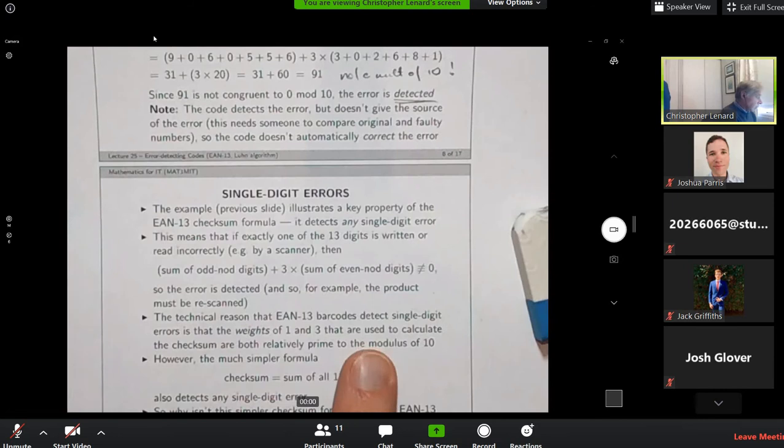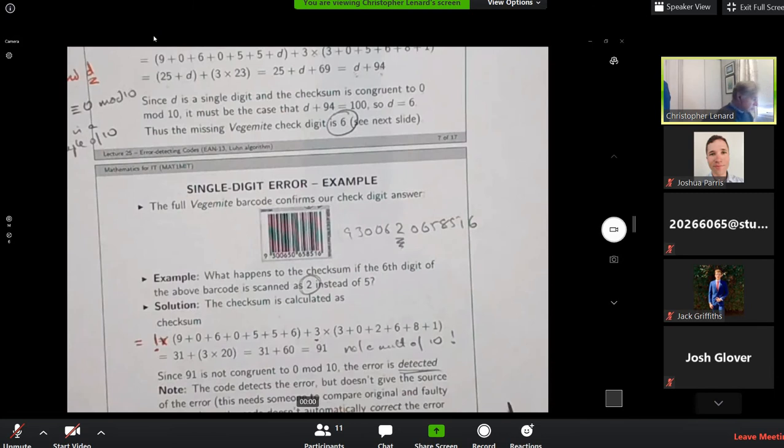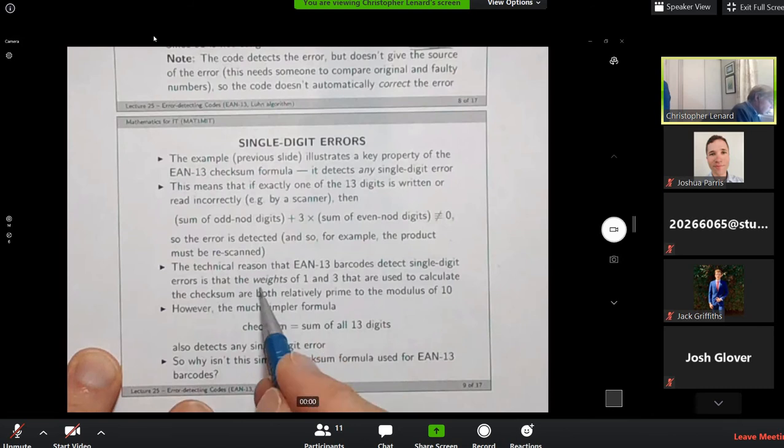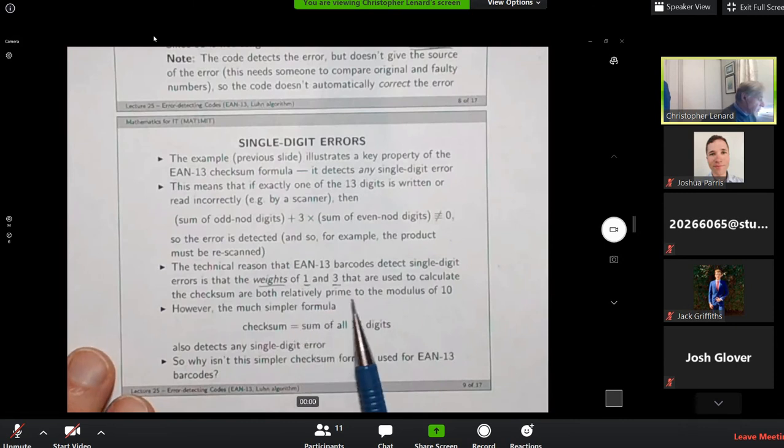Now up here, strictly speaking, what we've done is 1 times this sum and 3 times this sum. So you take the sum of the odd position numbers and multiply it by 1, and the sum of the even position numbers multiplied by 3. This 1 and this 3 are called weights. The weights of 1 and 3 are both relatively prime to the modulus of 10.